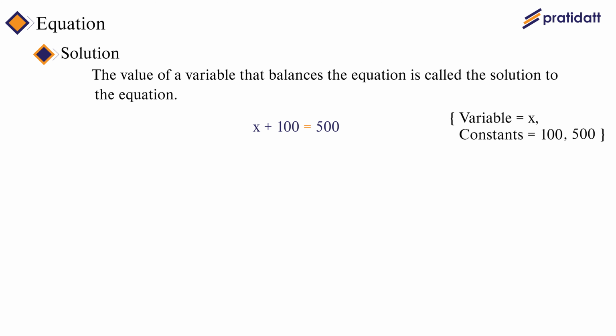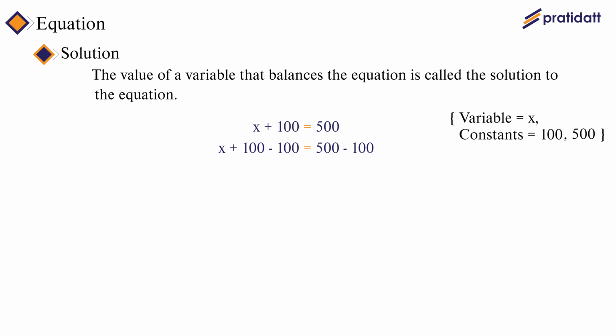x plus 100 is equal to 500. To remove the constant term from the variable side and adjust the equation in such a way that the equation stays balanced, let's subtract 100 from both sides. x plus 100 minus 100 is equal to 500 minus 100.